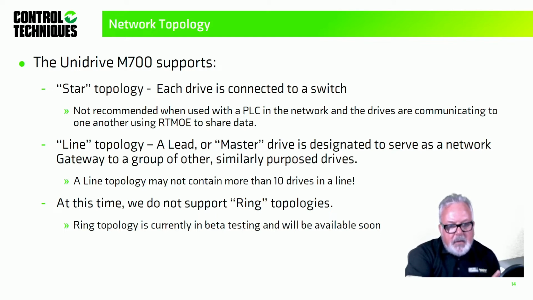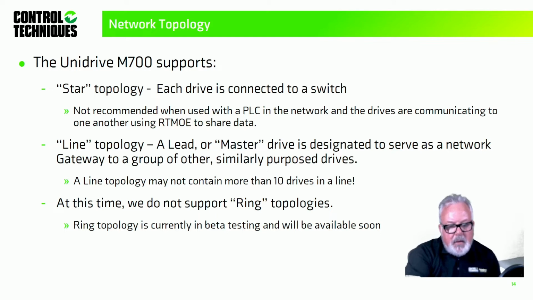What you're going to see in the examples that come up is if you have a multi-axis machine, and we're talking 10, 12, 20 drives or more, ideally you're going to want to segregate those drives, or group drives that have similar purpose, into a line.